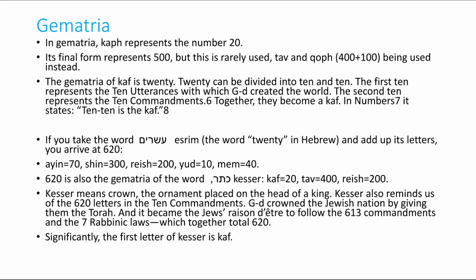And the gematria of the word Keser is also 620. Sorry, Keter, I should say. I've got the Ashkenazi pronunciation. Keter, the crown, is also 620. So that's another link between 20 and the kaf and the keter and the crown and the cup.